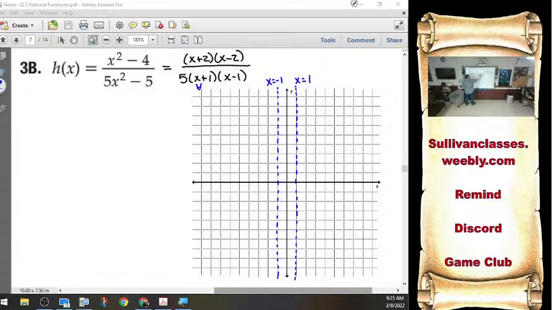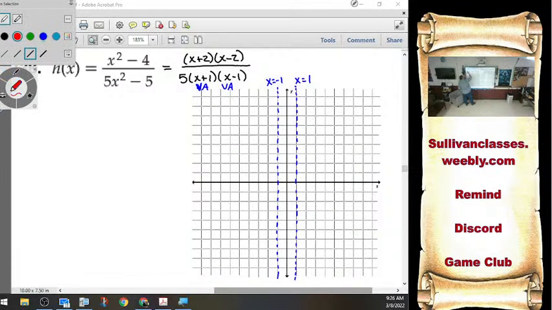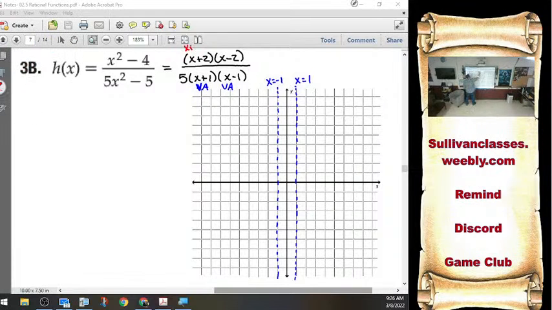Okay. X-intercepts are zeros of my numerator. Plus or minus 2.